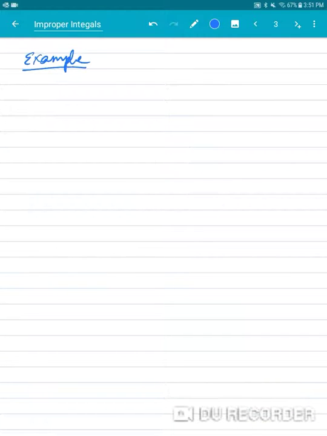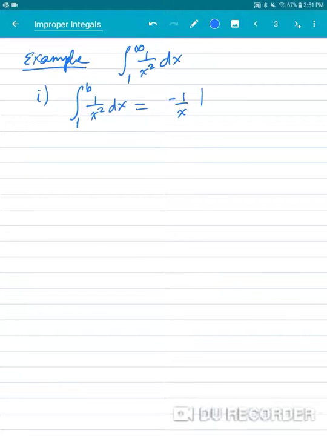Let's compute the integral from 1 to infinity of 1 over x squared dx. Well, if we follow the recipe, we're going to change that to some value b and integrate this expression. The antiderivative of 1 over x squared is minus 1 over x. So we evaluate that from 1 to b.